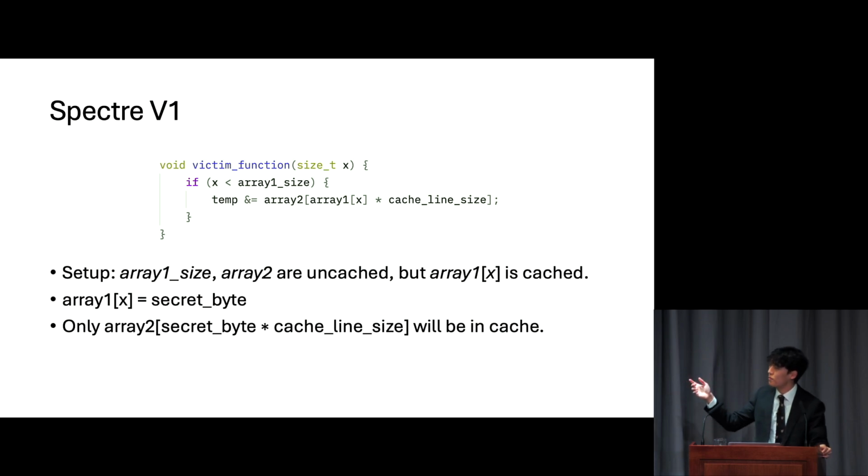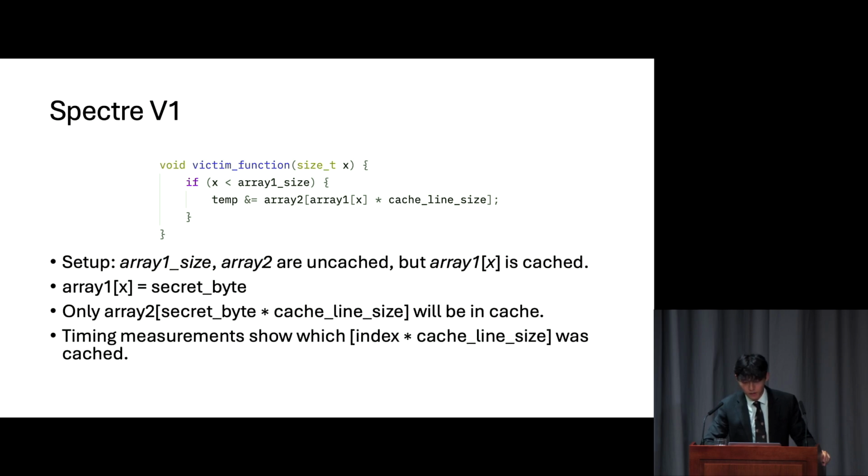Only array 2 at this index will be in the cache. If we were to measure the time it takes to read array 2 at 0, array 2 at 1 times cache line size, array 2 at 2 times cache line size, array 2 at 3 times cache line size, and so on, only one of them is going to be very fast to read.